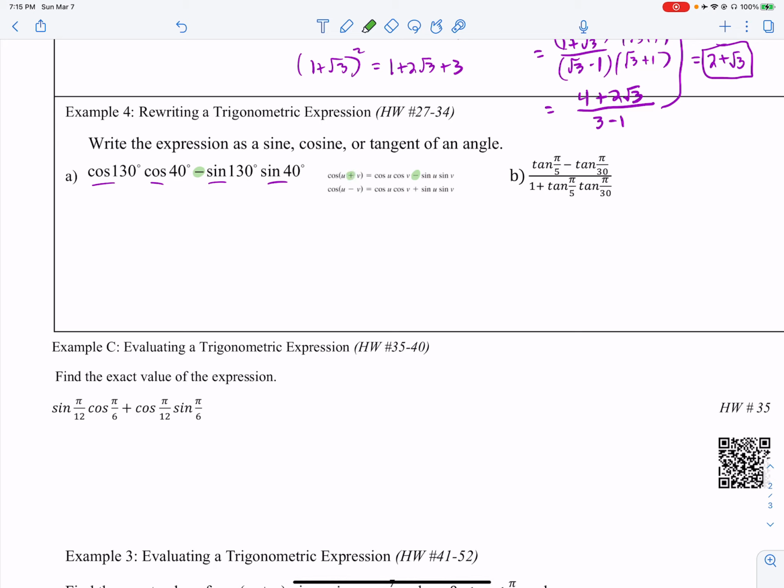And when it's subtraction right here, it is addition here. And then the v is that 40. So then you need to add that together and write it as cosine of 170, and you need the degree symbol on that.